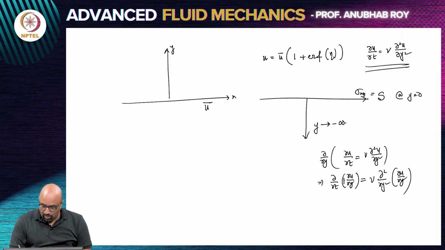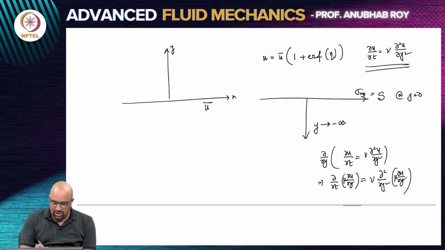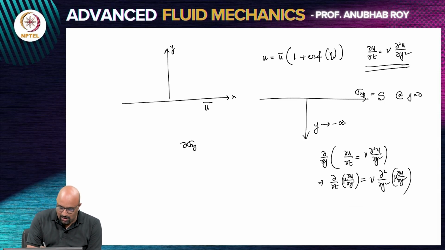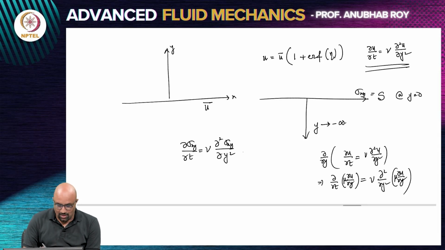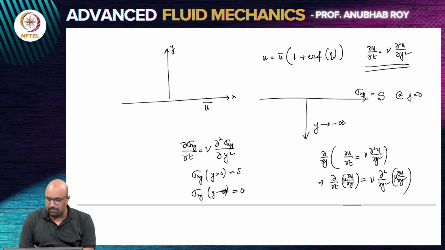Now, if I multiply both sides with mu, what is the term inside the bracket? It's the shear stress. So, the shear stress obeys the same equation as the velocity. This is now a diffusion equation for the shear stress, which has a boundary condition that at y equals 0, the shear stress is S, and at y goes to infinity, the shear stress will go to 0.